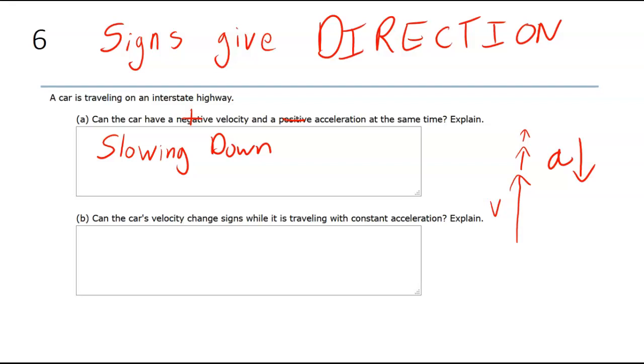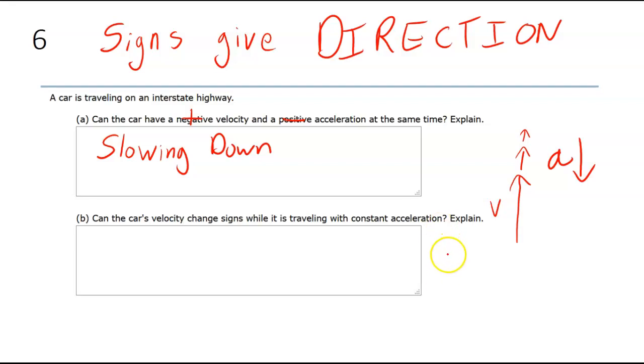It's not like when somebody rides the brakes for a little bit and then realizes they misjudged it and then they got to slam the brakes. That would be changing acceleration. But any time where you have acceleration, the car's velocity changes. The specific one says velocity changes signs. That's true too.